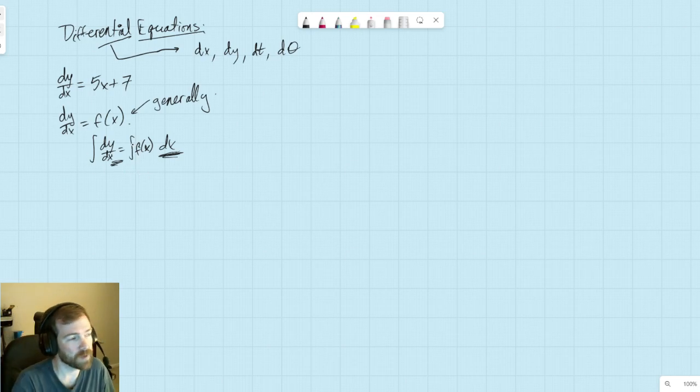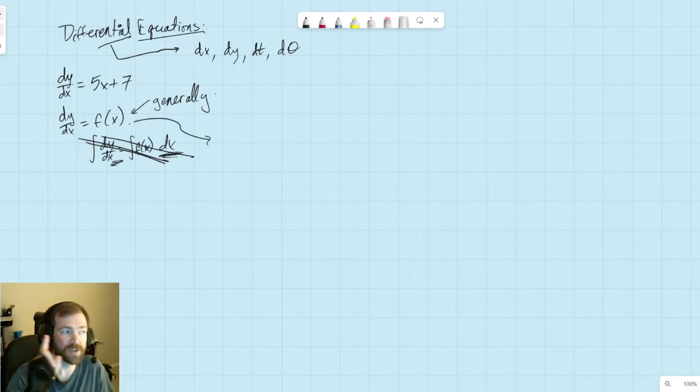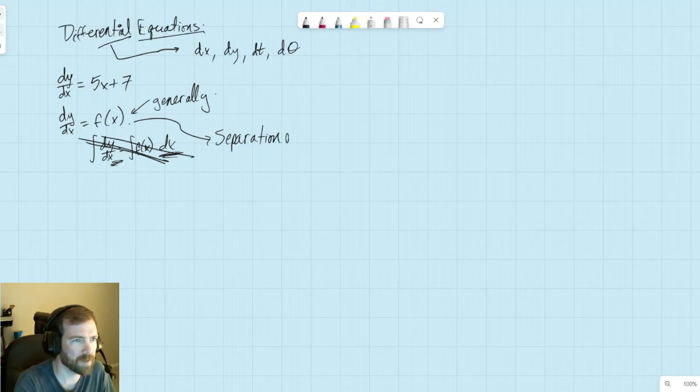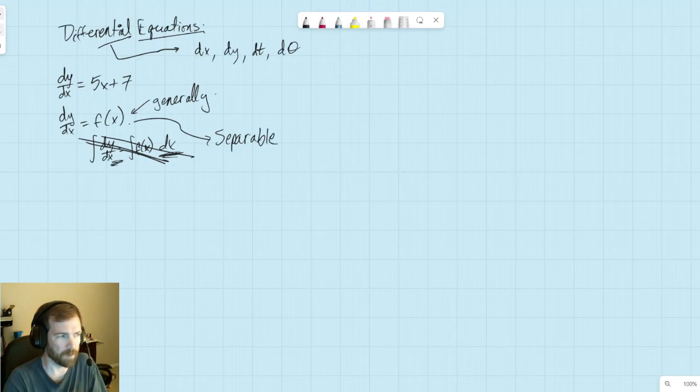Alright, so what I would suggest is actually not do this. Generally, when I do differential equations, I say turn it into an equation where there are differentials in each part. So here what we do is we do something called separation. It's not quite separation of variables, that is something else, but we'll call it separable.